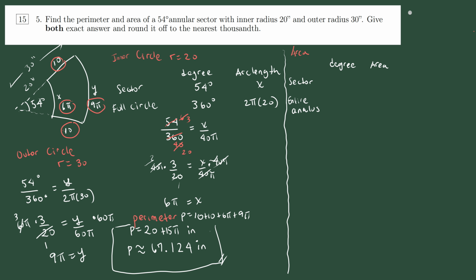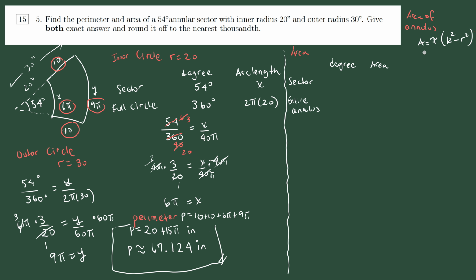So the area of an annulus: actually the formula is area equals pi times big R minus small r, each of them squared.